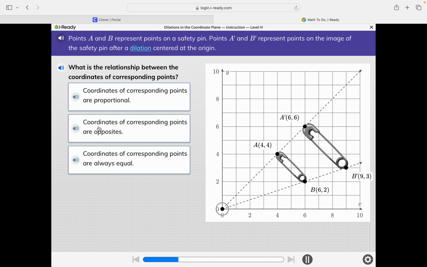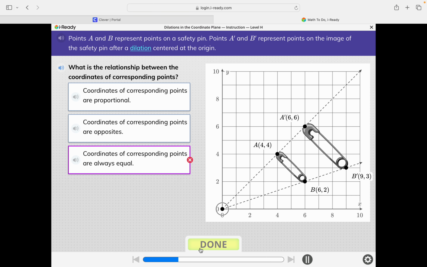Yes, that is proportional. Coordinates of the corresponding points are opposite. No. Coordinates of corresponding points are always equal. No. So, what's the answer? The first one.